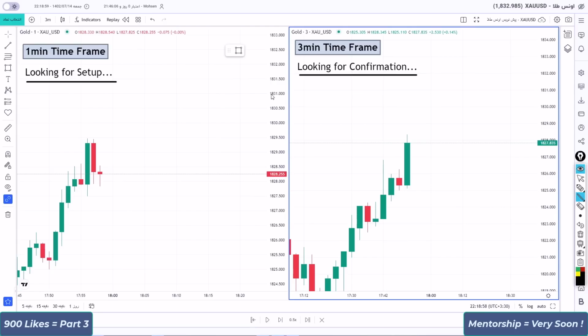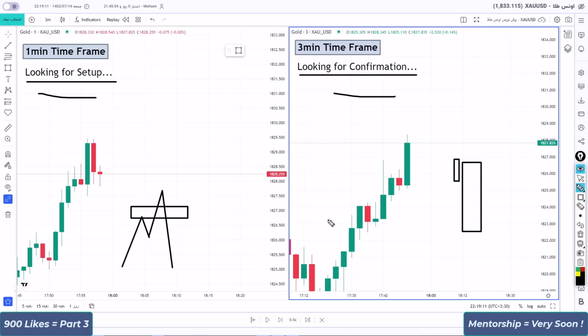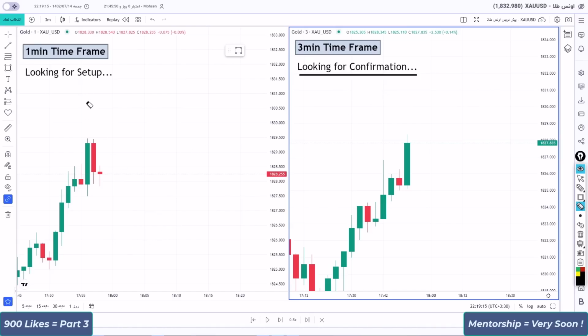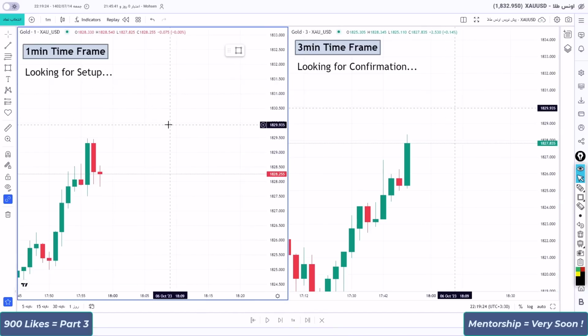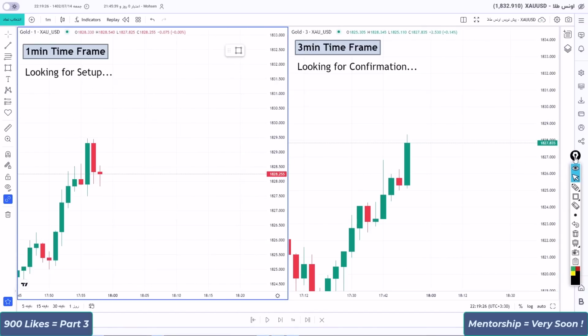Now I will play them together and you will see both the setup and the confirmation at the lower time frame and higher time frame. Please focus on both of them and see how they move. I will play it again if you missed that. But please focus.